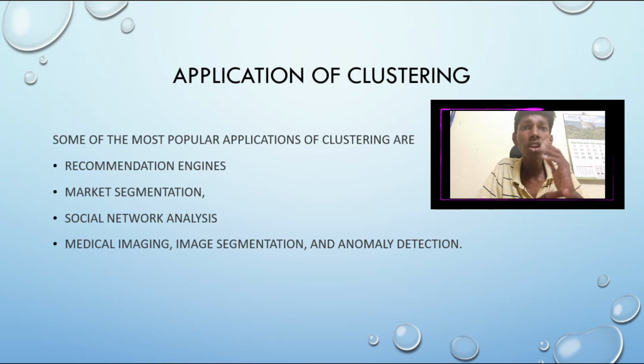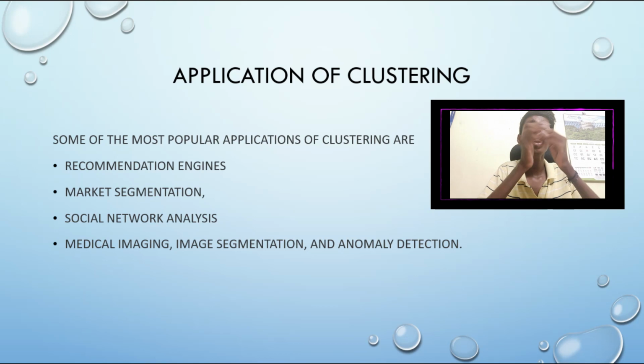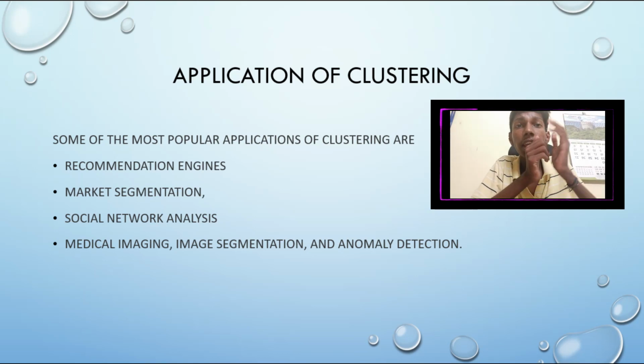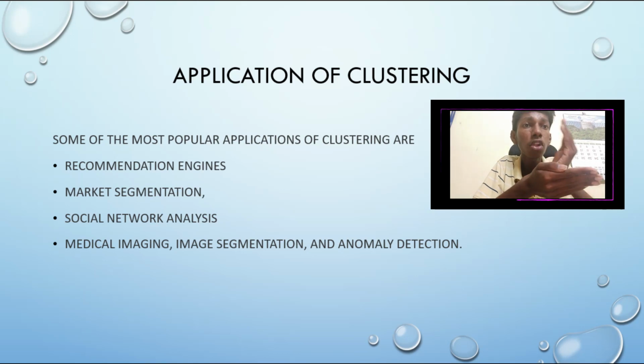Next, social network analysis. Clustering uncovers communities or groups within the network, aiding in understanding the network structure and dynamics. In medical imaging, image segmentation and anomaly detection, clustering assists in identifying patterns and detecting anomalies in medical images for diagnosis and treatment planning.